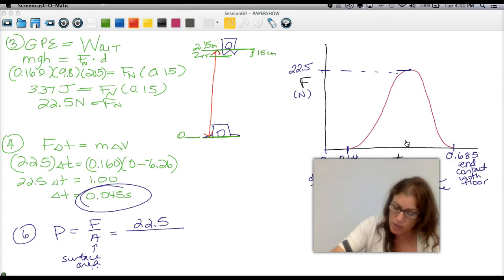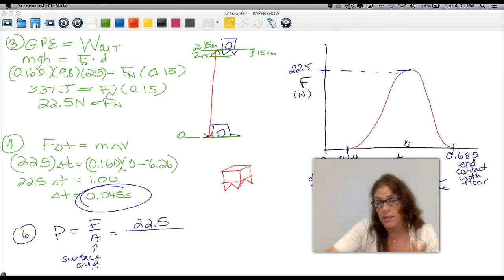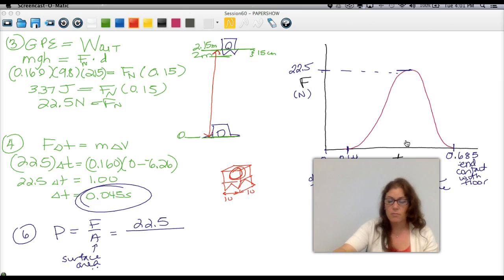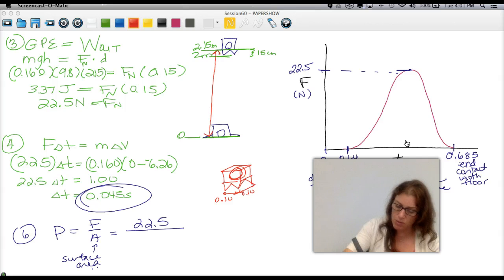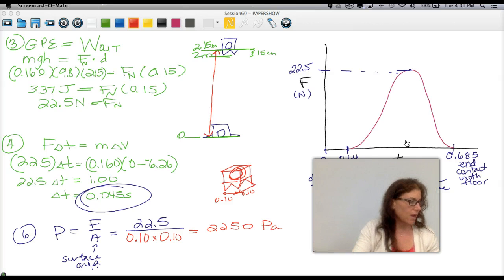So if you drew it 3D, it would look like, here's a perfect square with these shapes kind of attached to it like this. This is my design, whatever it is. So my base is a 10 by 10 square. That's in centimeters, so 0.10 by 0.10. So this will be 0.10 times 0.10. That's my surface area. So 22.5 divided by 0.1 times 0.1 gives me a pressure of 2,250 pascals.